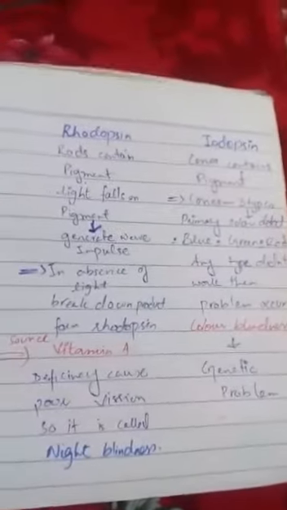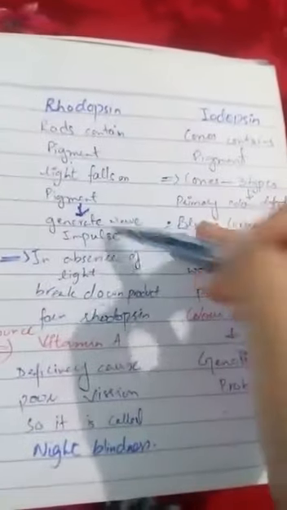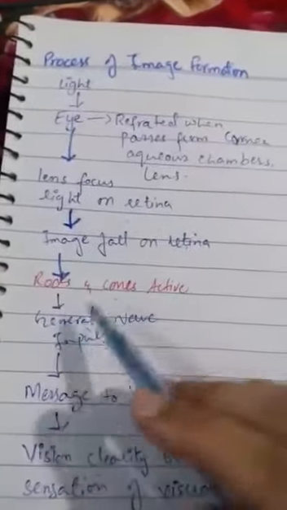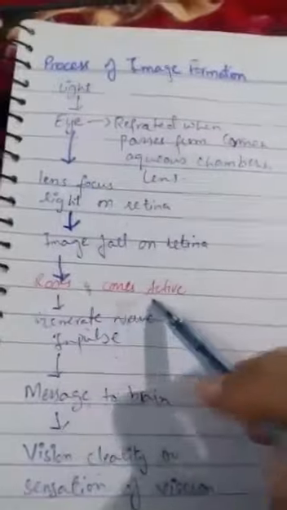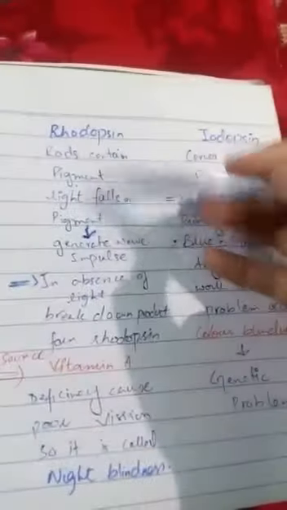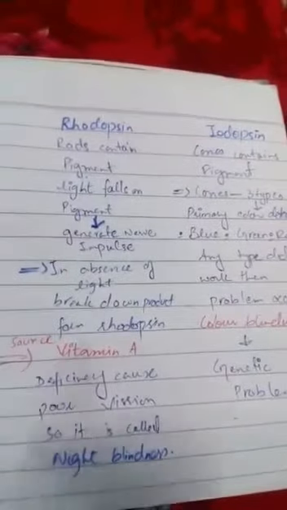When light falls on these pigments, they generate nerve impulses. When we studied the image formation process, we saw that when the rods and cones are active, they generate nerve impulses, which help to form the image.